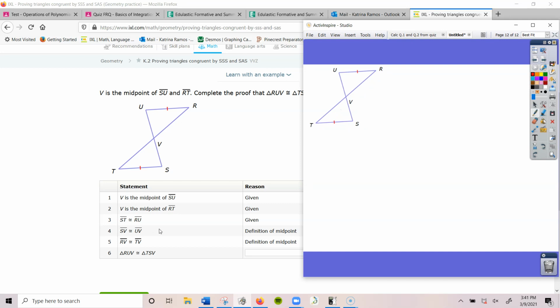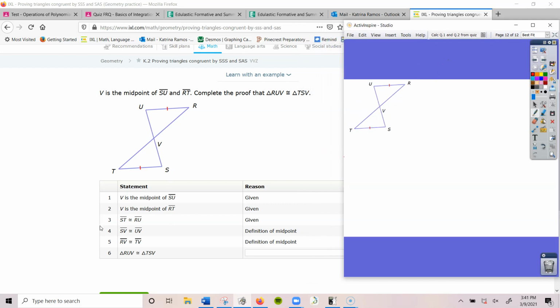So here we are told that V is the midpoint of SU. So if V is the midpoint, then that means that SV and UV are congruent, because a midpoint means that it cuts that in half, which you'll see here as SV is congruent to UV, because that's the definition of a midpoint.